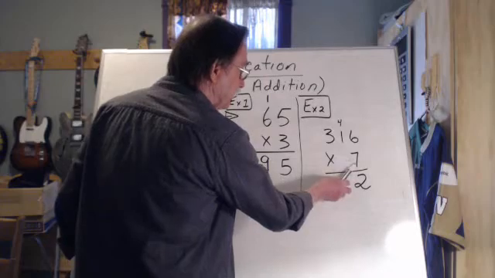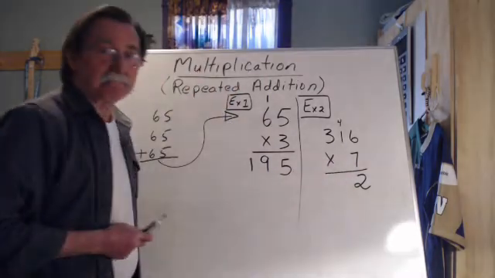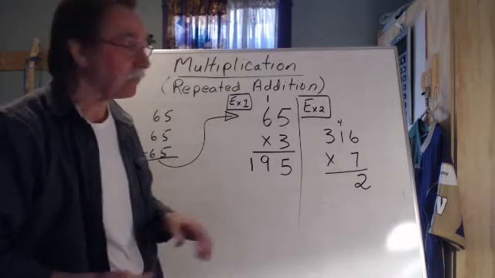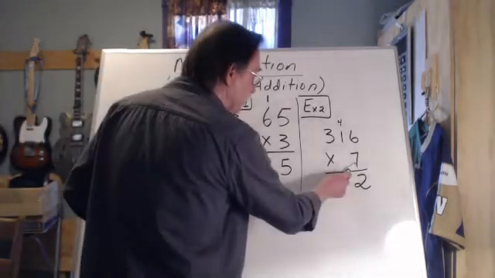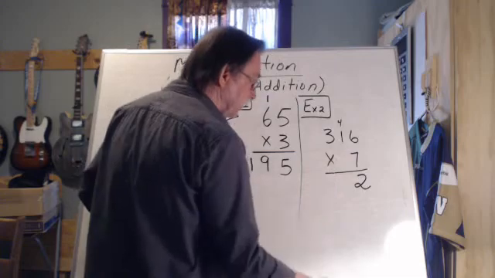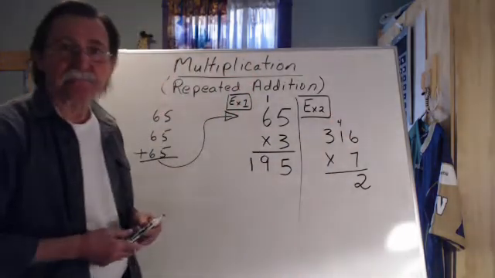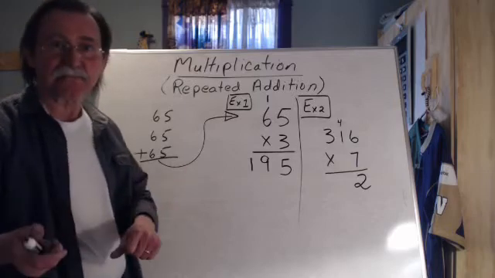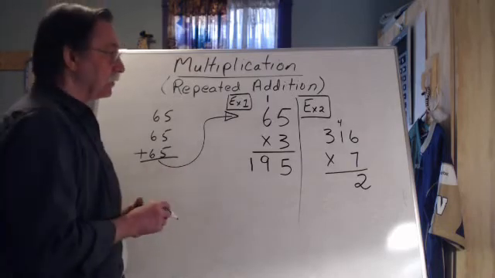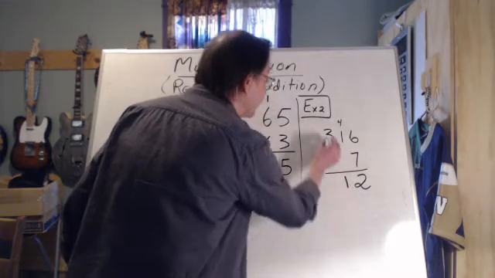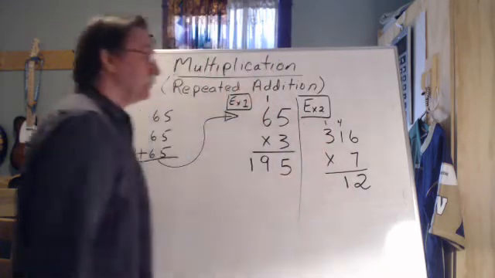Now we go 7 times 1. Oh, 7 times 1 is easy. Anything times 1 is itself. So 7 times 1 is 7. But let's add that 4. So what's 7 plus 4? 11. Uh-oh. So we put a 1 down and we carry the 1.